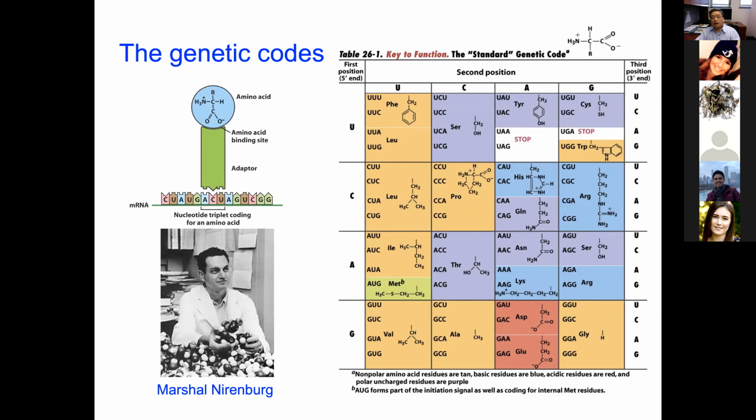So we know tRNAs are very important adapter molecules between the messenger RNA and the amino acid. This is a schematic showing the structure of the tRNA. You see it has this cloverleaf kind of structure, and it has four stems.